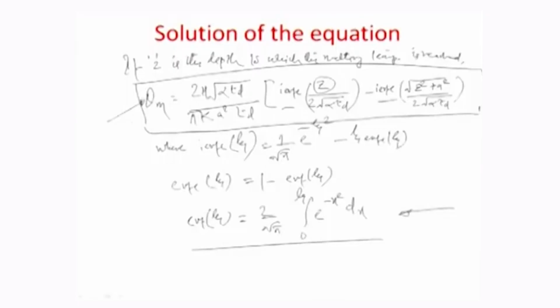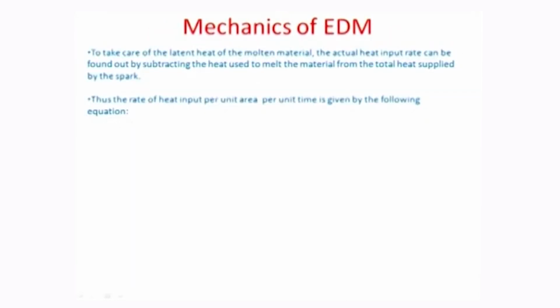So, we have to modify the equation quite a bit, and the rate of heat input per unit area per unit time would then be given by the equation: the total heat H total, which comes from the spark into the workpiece, minus the latent heat per gram of the material, assumed to be Hm in this particular case, times the density, times the volume of the material which is removed, which is again the volume.